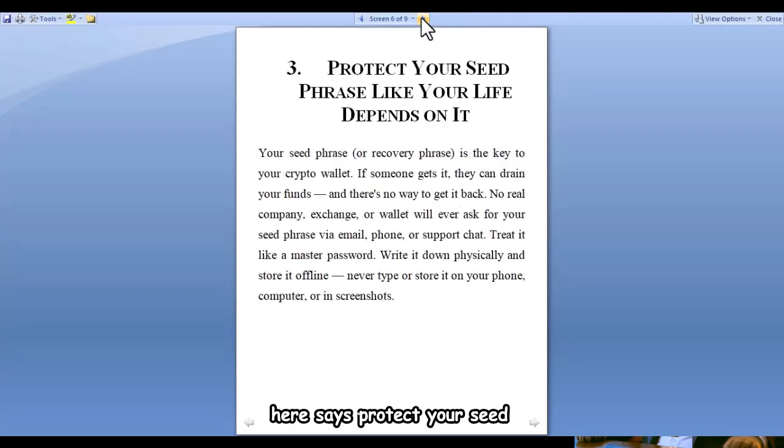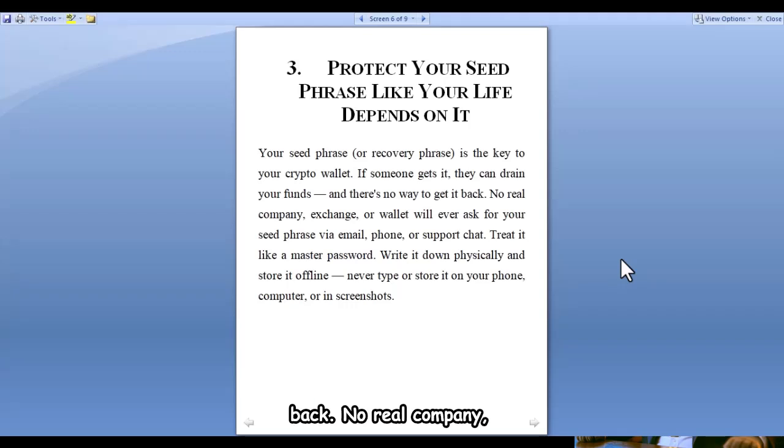The next one here says, protect your seed phrase like your life depends on it. Actually, your life depends on it. Your seed or recovery phrase is the key to your crypto wallet. If someone gets it, they can drain your funds and there is no way to get it back.